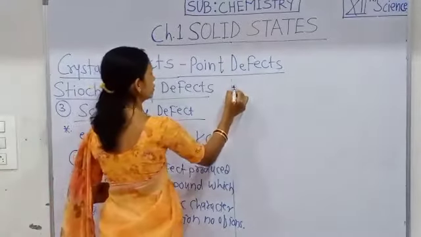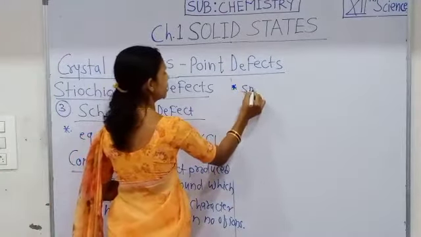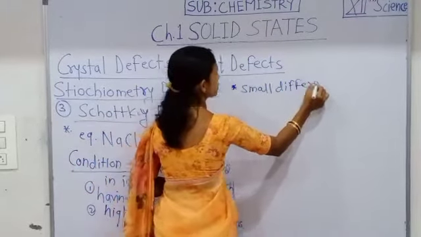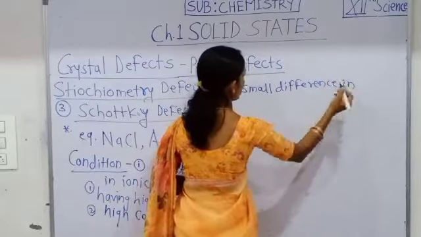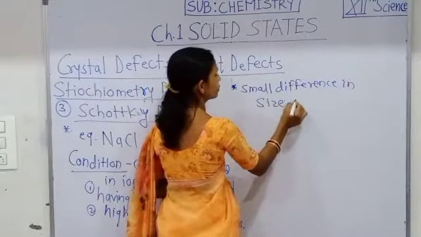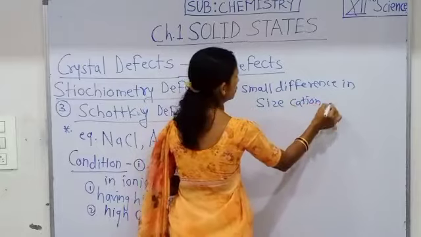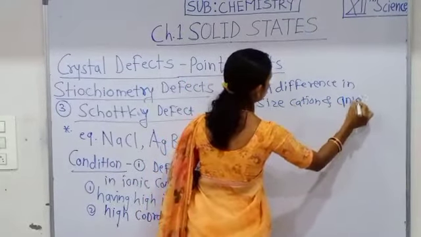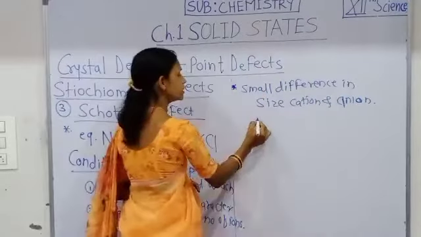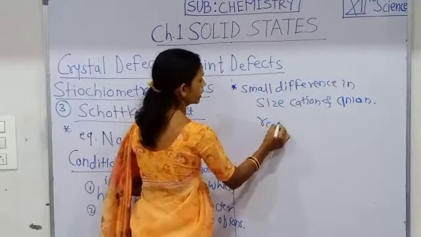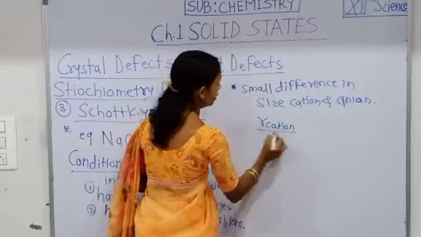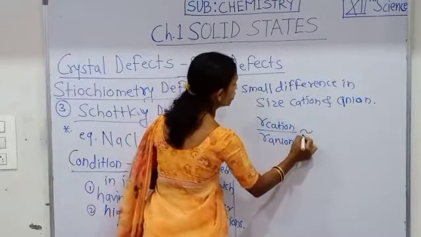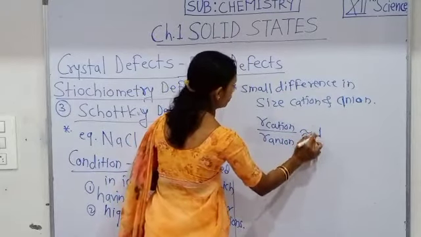and anion. Then the third condition: if there is a small difference in the size of cation and anion, then that means the ratio of cation to anion is nearly equal to 1.